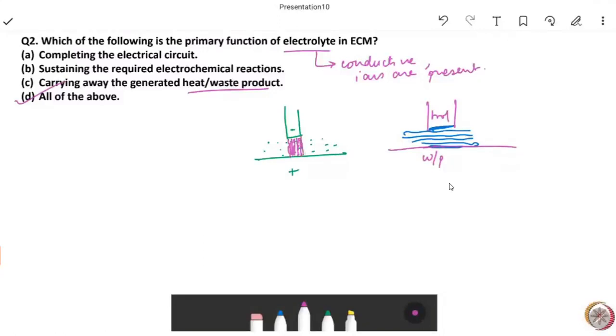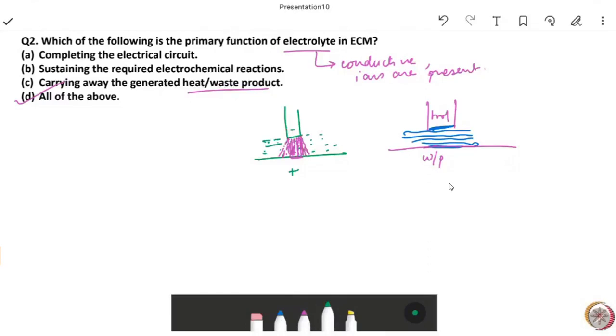The flow path of the current need not necessarily be within this column only, within this space only. There can be some stray currents like this, because this part of the electrode is also exposed to the electrolyte, so that is also taking part in the reaction.